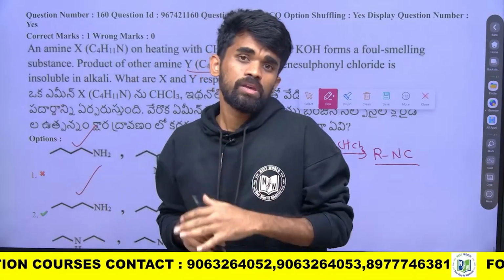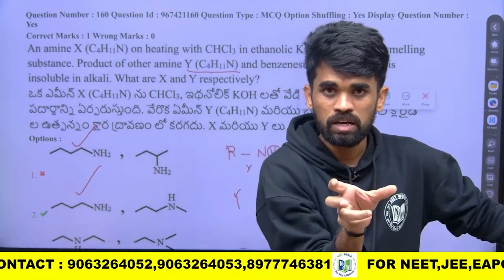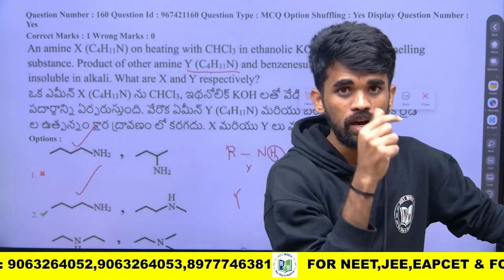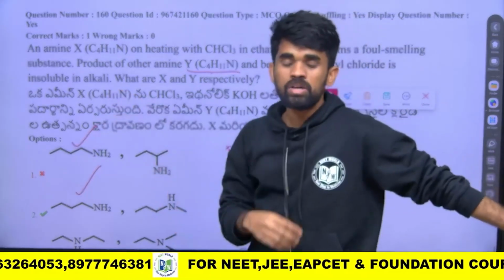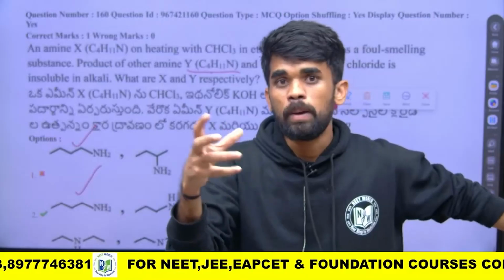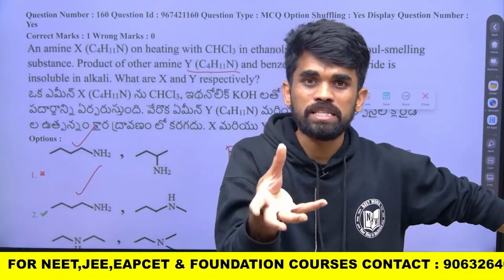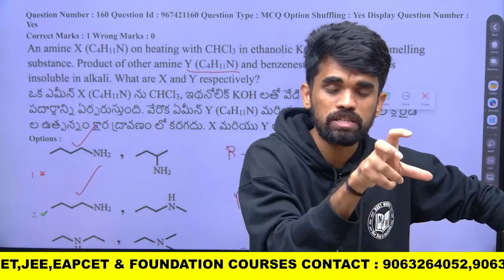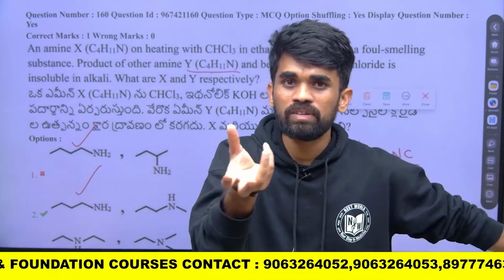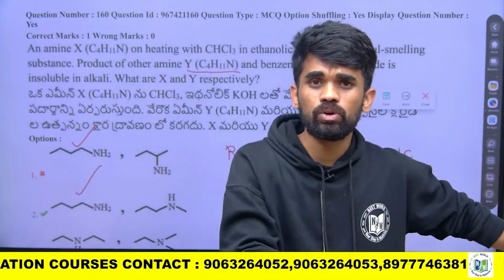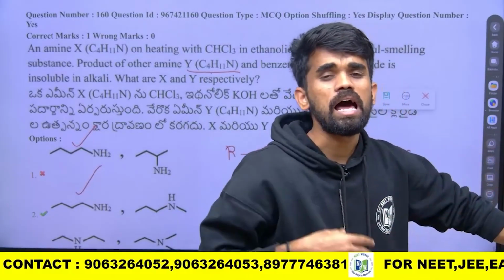The product formed from a primary amine and benzene sulfonyl chloride, upon treating with alkaline medium like KOH, will be soluble in the alkali medium, whereas a secondary amine will react with benzene sulfonyl chloride and form a product that will not be soluble in the alkali medium.